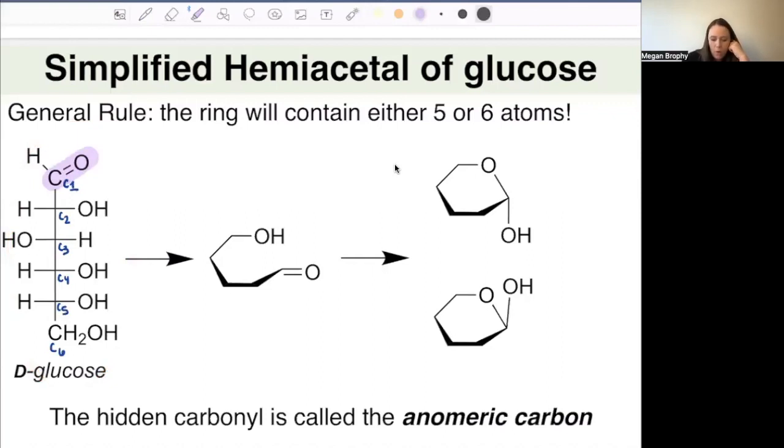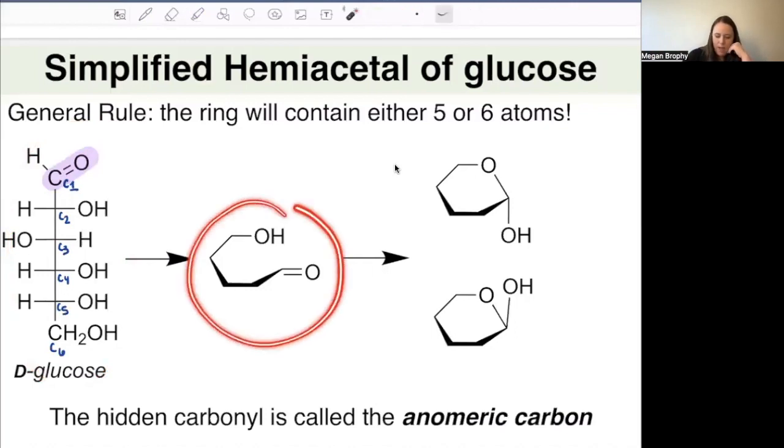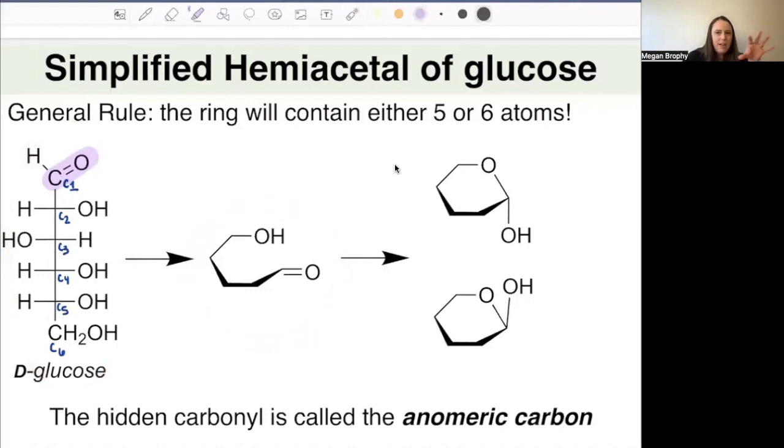Okay, so the first thing we want to do when we're visualizing the cyclization is take our D-glucose and redraw it so we can see how the ring is going to form. So over on our second pane, we haven't done any chemistry yet.